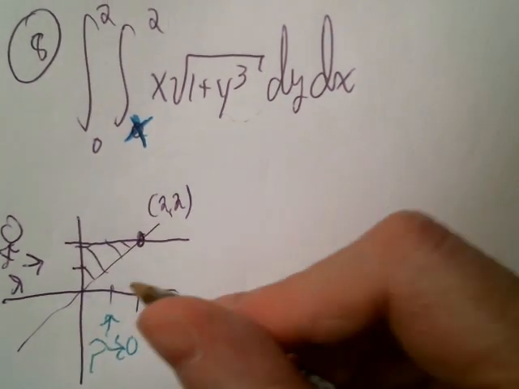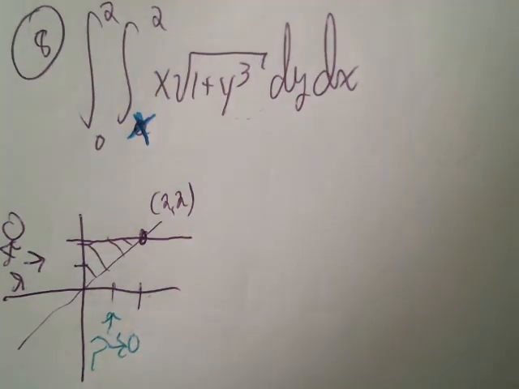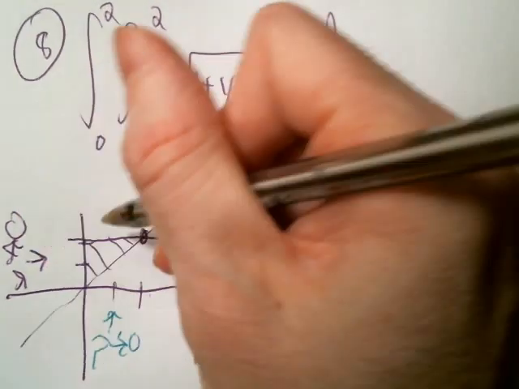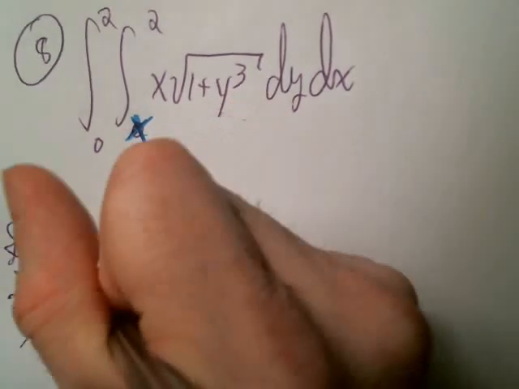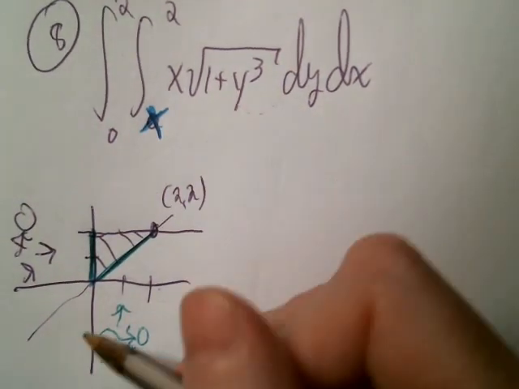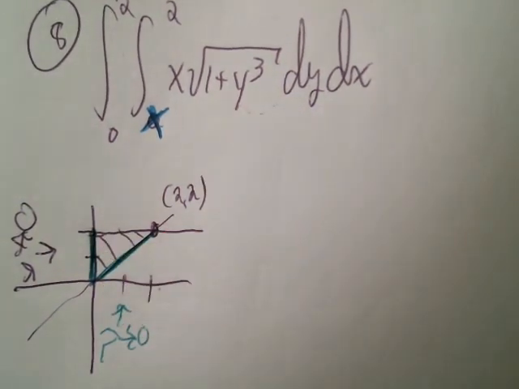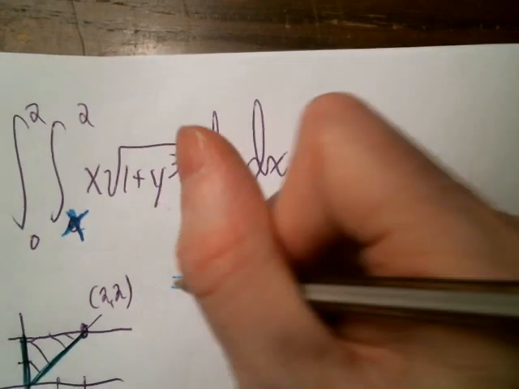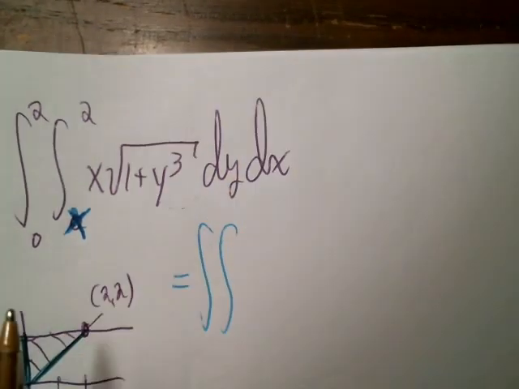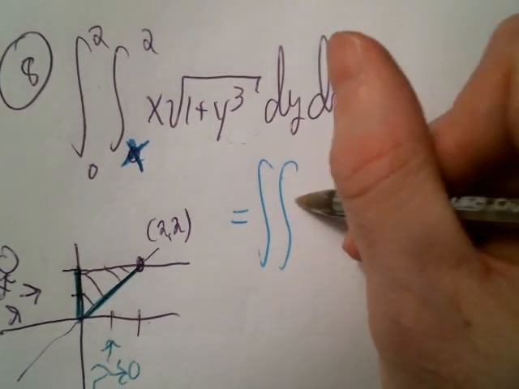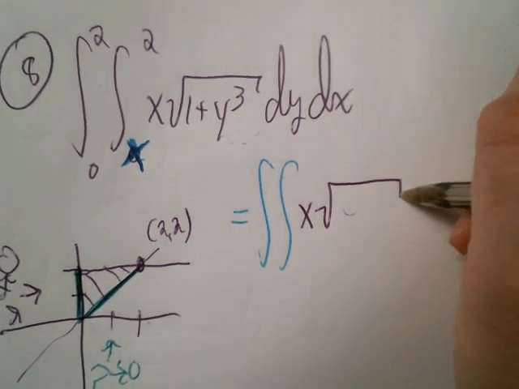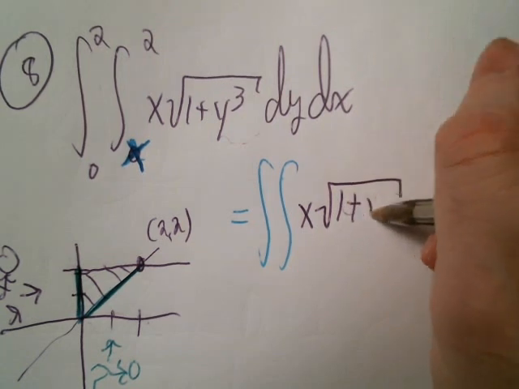So I'll need to go from x equals 0 to x equals this curve, which is y. And then the Riemann man's going to run from 0 to 2. So not much of a big deal. Let's do it. The double integral now has the same integrand, the same guts.